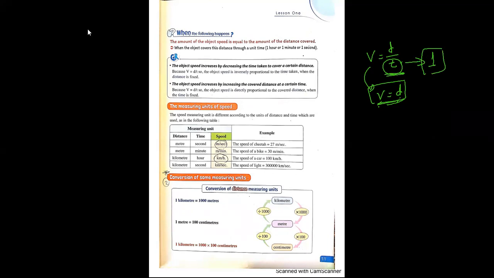Give reason: the object speed increases by decreasing the time taken to cover a certain distance. Why?